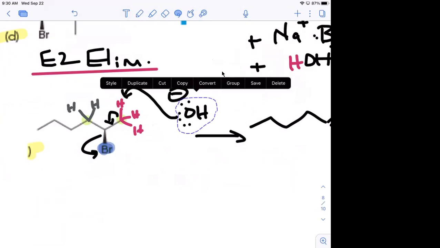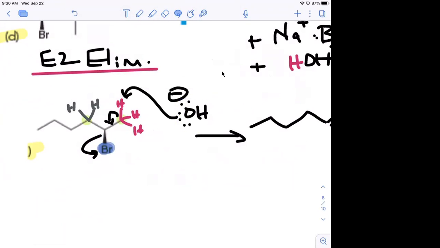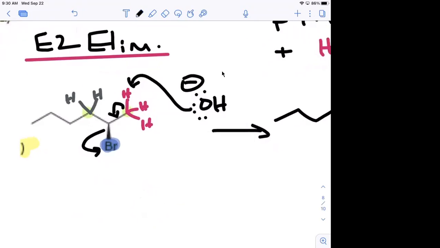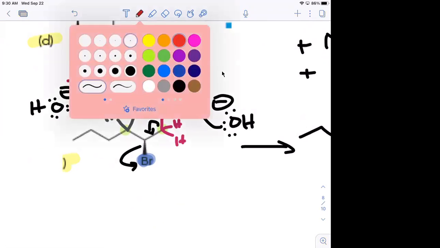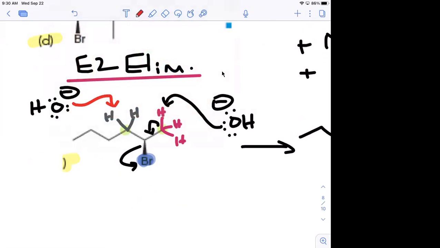Attacking the other alpha. It's just going to attack the other side, isn't it? Trying to cheat, but it ain't working out. So I'll just redraw it. So the OH now is going to come here, another molecule of OH. Boom, here. Let me change the colors on the arrows since we're not actually redrawing the substrate. So that's coming there. This pair of electrons is coming here.